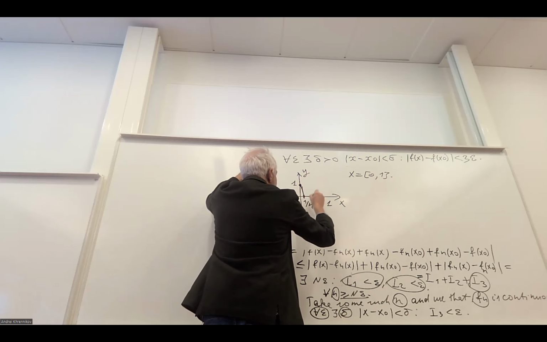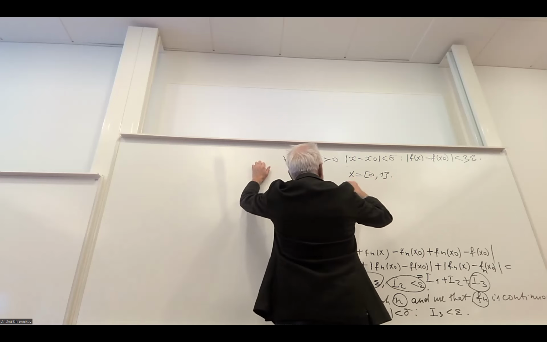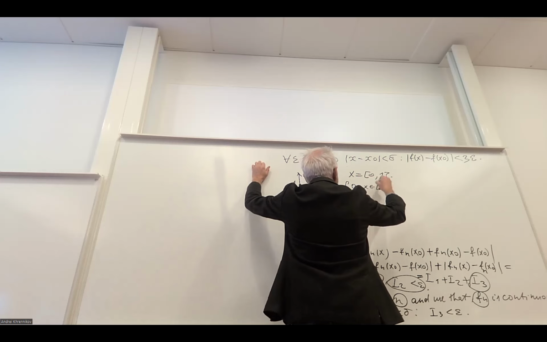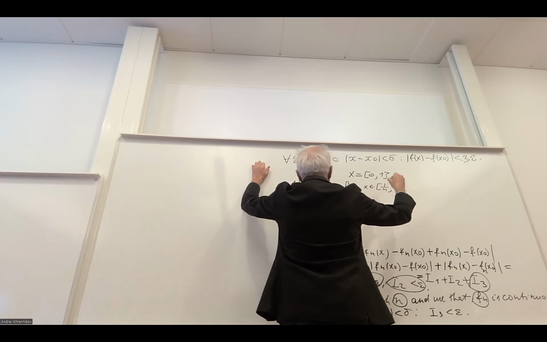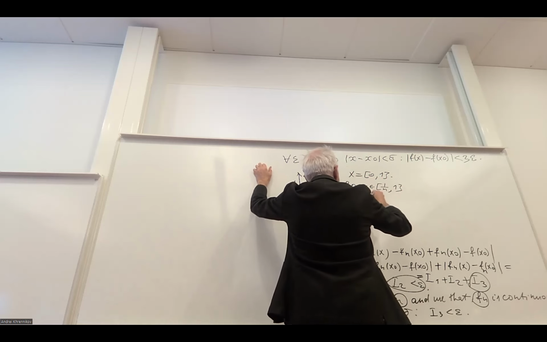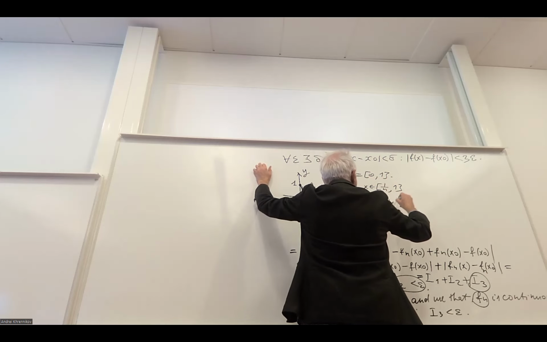And here the function is 0. So this is f_n(x), which is equal to 0 for x belonging to [1/n, 1], and a straight line for x belonging to [0, 1/n].